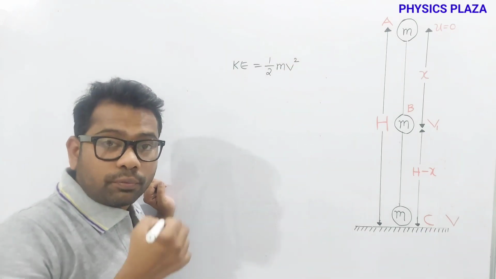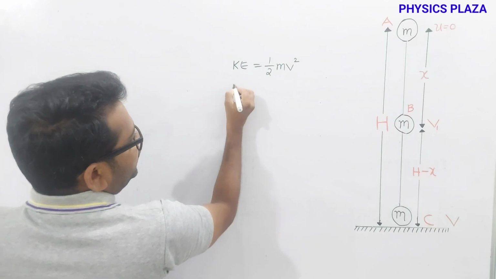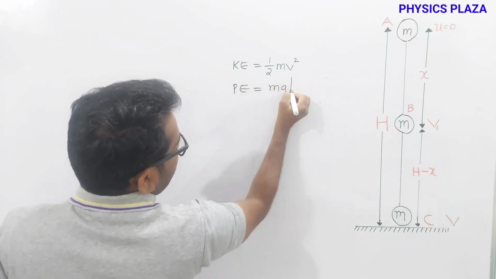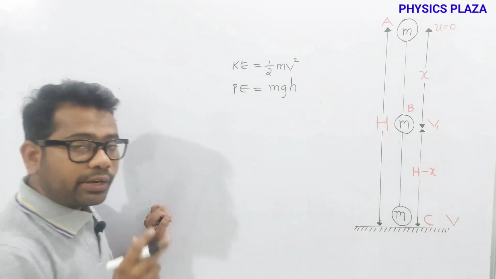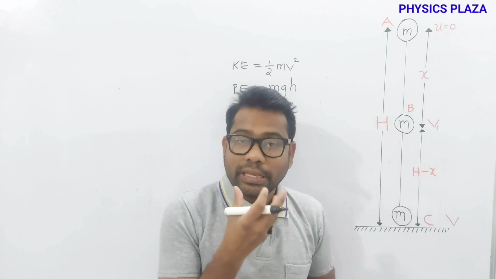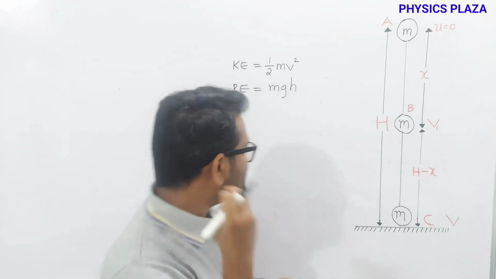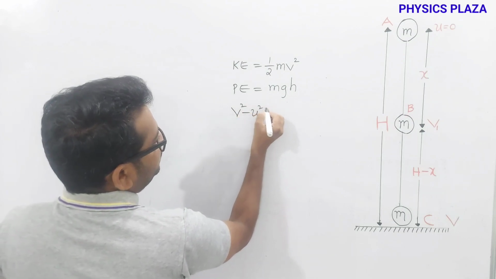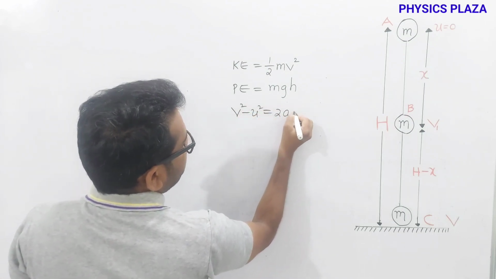And the formula of potential energy, gravitational potential energy, is mgh. One more important thing: we all know the equation of motion, v square minus u square is equal to 2as.